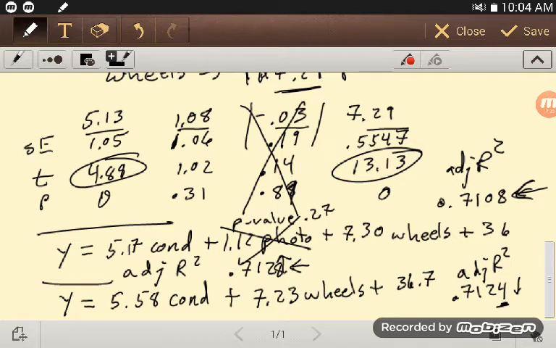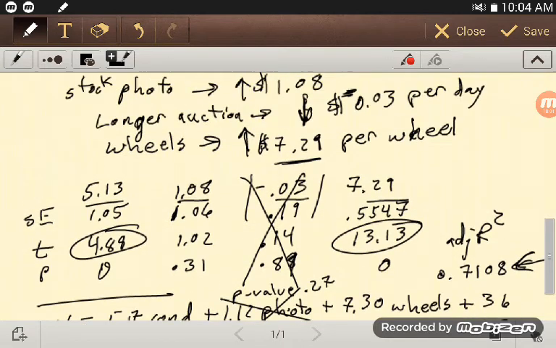And so again, we're explaining about the same amount of variance, but now we're only using two variables, condition and wheels. And so this model here is a much better model because we've gotten rid of the bias that we would have put in artificially from the photos and the duration.